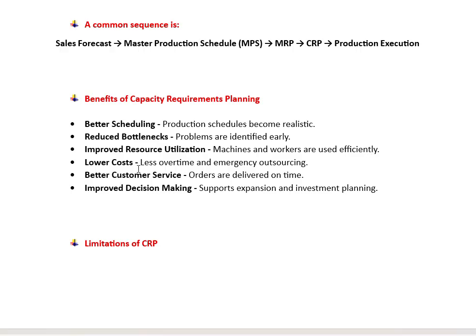It lowers costs, less overtime and emergency outsourcing, better customer service. Orders are delivered on time. Improved decision making, supports expansion and investment planning. So these are the few benefits of capacity requirements planning.